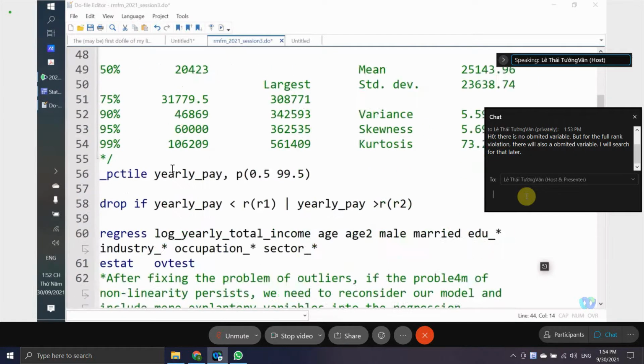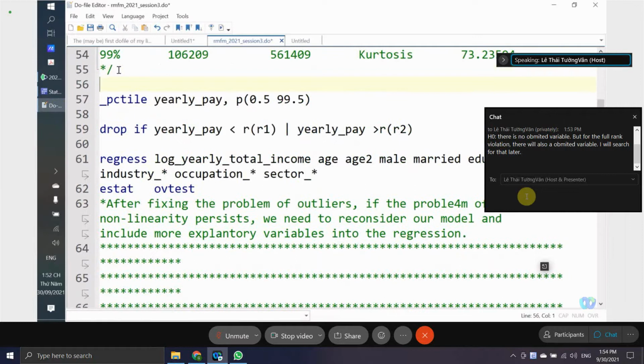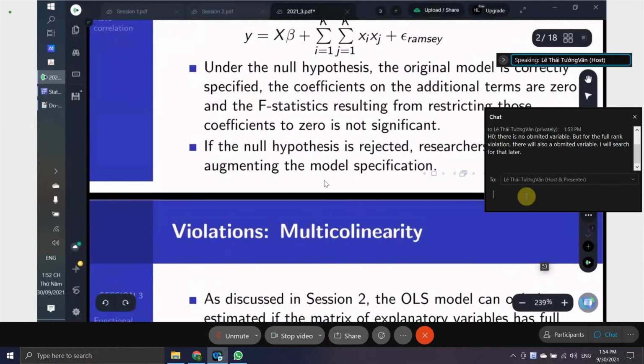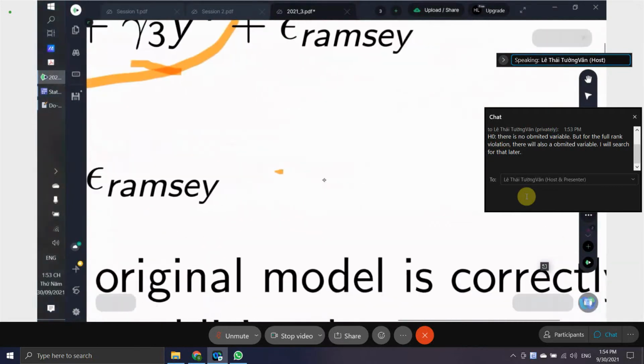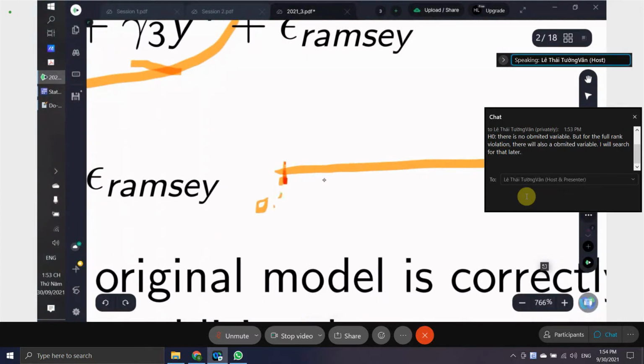So the suggestion I included here is, firstly, I will sort the data and identify the 0.5 percentile and the 99.5 percentile. I rank the data from the smallest to the largest. This is the first 0.5%, and this is the top 0.5%.